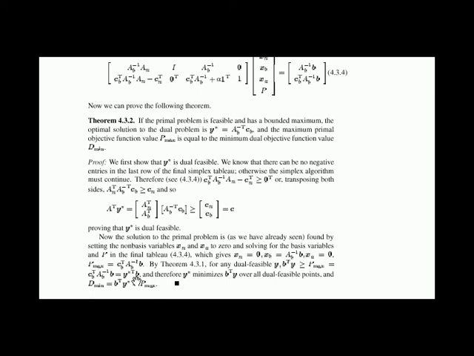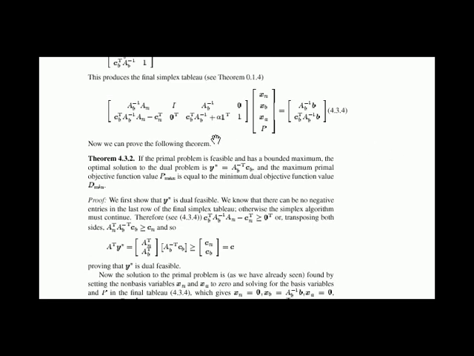And if we can find one x and one y such that they're equal, then you found the minimum of the dual and the maximum of the primal. So the proof basically consists of showing that this y star is the y which makes b transpose y star equal to c transpose x, where x is the solution of the primal problem.